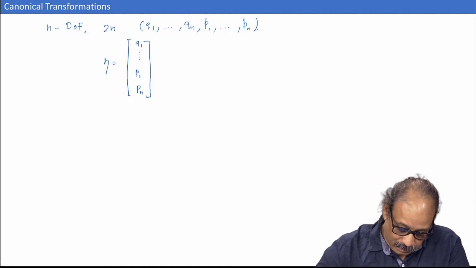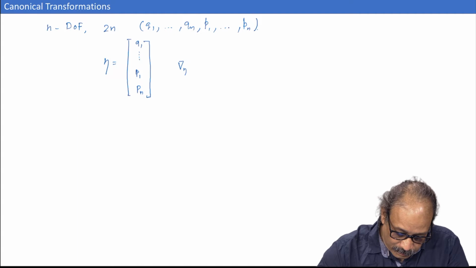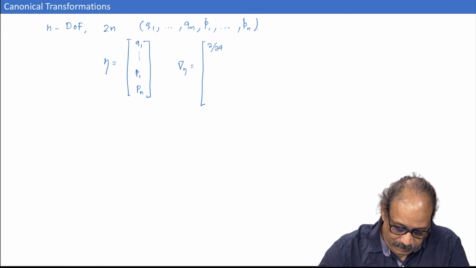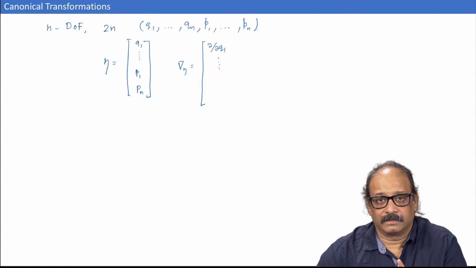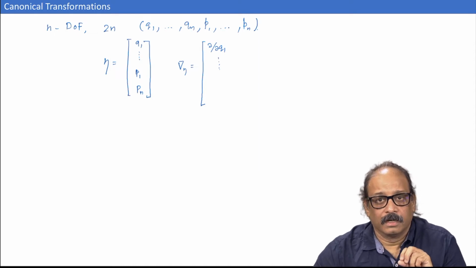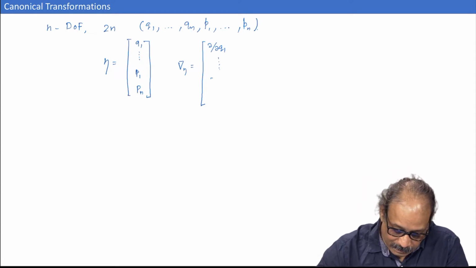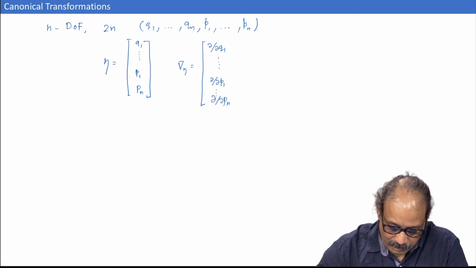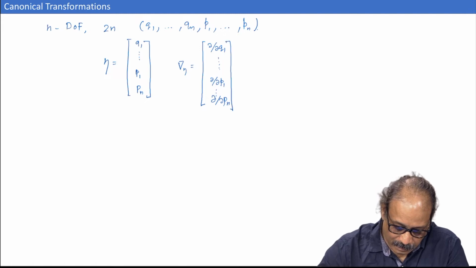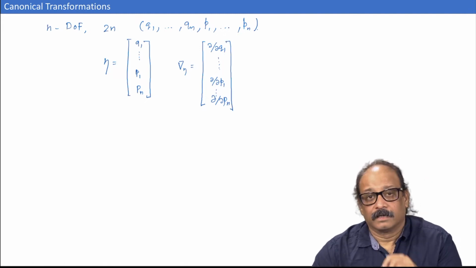Then your gradient matrix in the same way, that will be partial derivative with respect to q1; the first entries will run from partial derivative with respect to q1 to qn, and the remaining entries will be with respect to the canonical momentum, so del Pn. So, this is the del matrix.